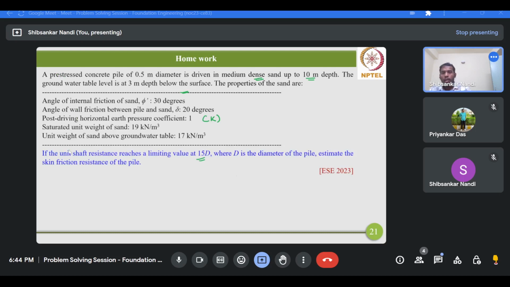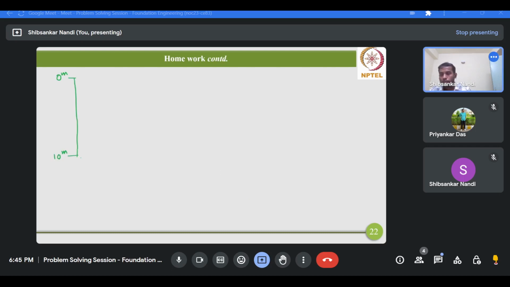Now this problem tells that the critical length is 15 times D, and here the D value is 0.5 meter. So the critical length is 7.5 meter. If we mark 7.5 meter, it will be here.